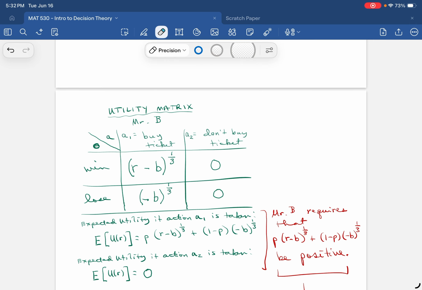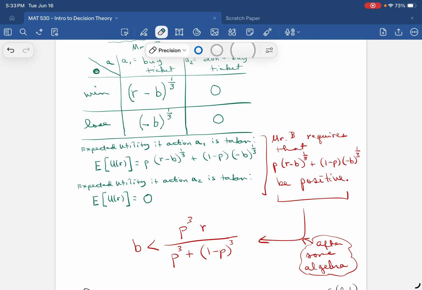So now what does Mr. B require for this to be advantageous to him? Well, we would have to know that the expected utility under action A1 is positive. So after some algebra, that leads to this condition here, that B must be less than the expression we have to the right.